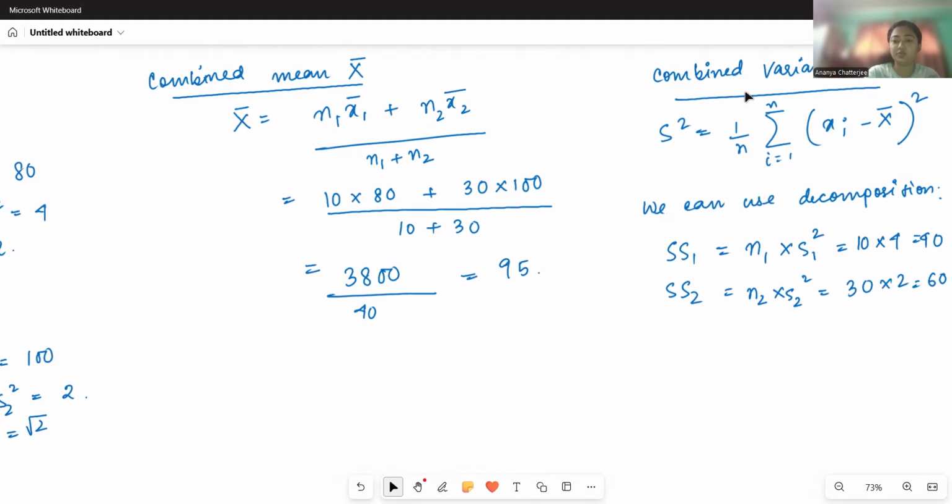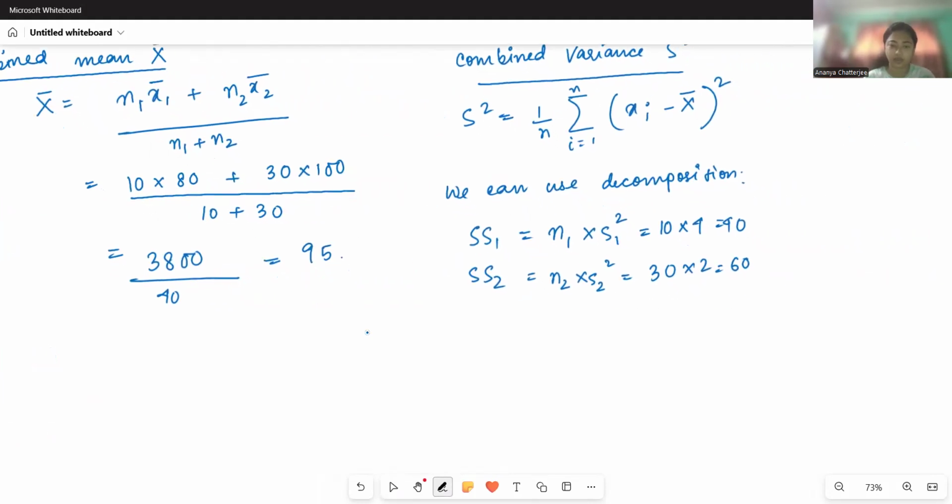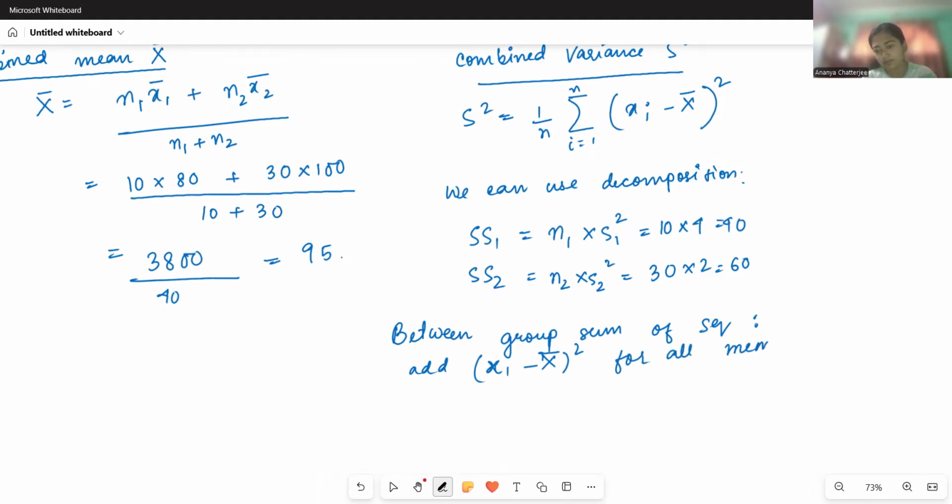Now between these two groups, the between group sum of squares: we add x1 bar minus x bar square for all members of group 1, right?